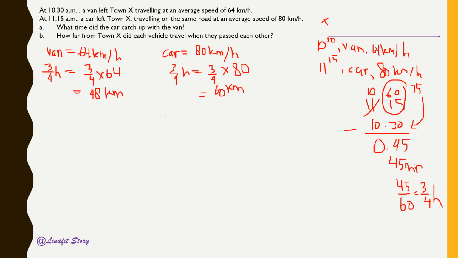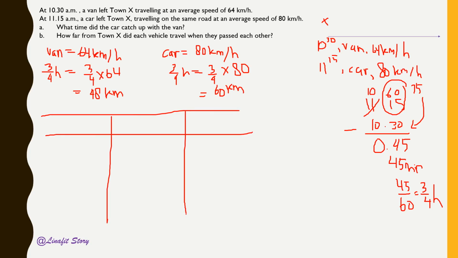And after that, we'll find the distance traveled by van and car in 45 minutes. 45 minutes means 3/4 of an hour. Because the difference between 11:15 and 10:30 is 45 minutes, we'll count in 45 minutes.